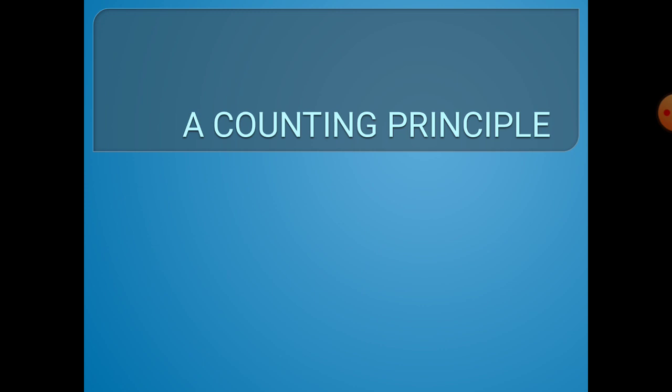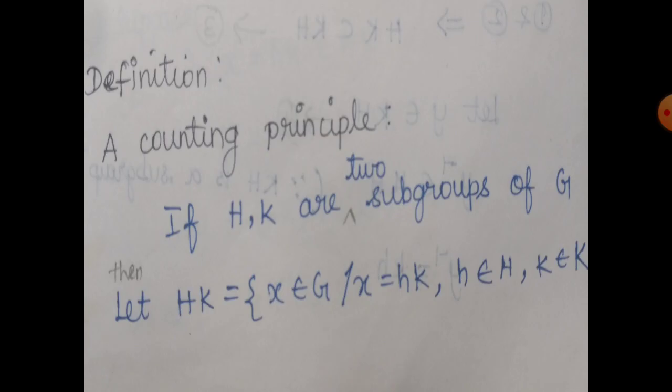So, listen carefully. The counting principle definition: if H, K are two subgroups of G, then let HK be equal to {x belongs to G such that x = hk, for h belongs to capital H and k belongs to capital K}.